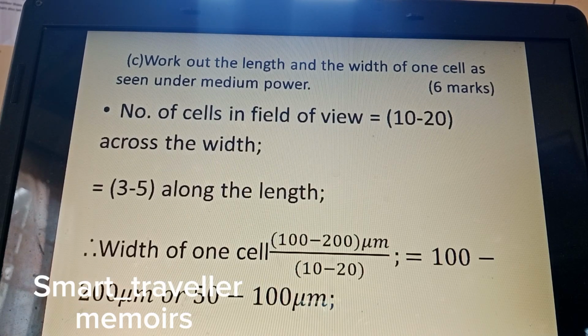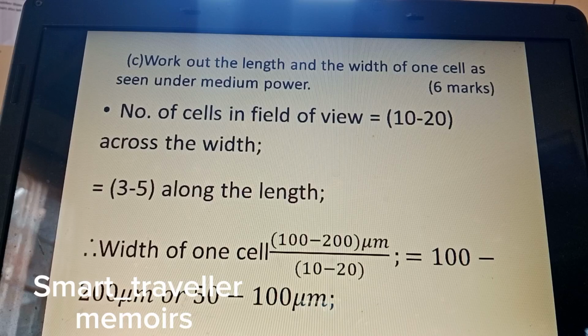C, work out the length and the width of one cell as seen under medium power. So the number of cells in the field of view were ranging from 10 to 20 across the width, and they were ranging 3 to 5 along the length.